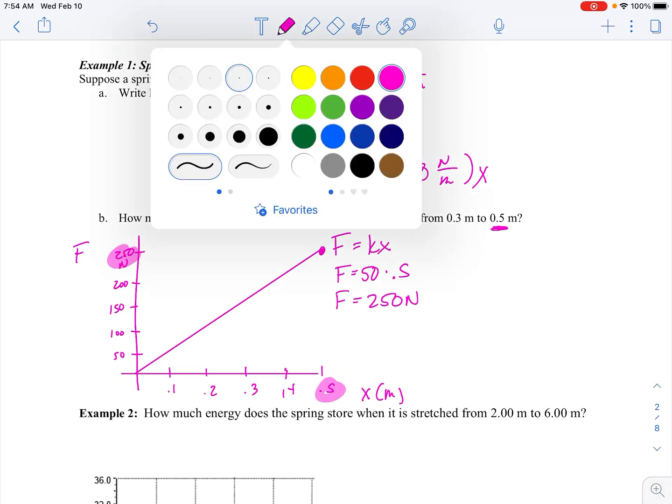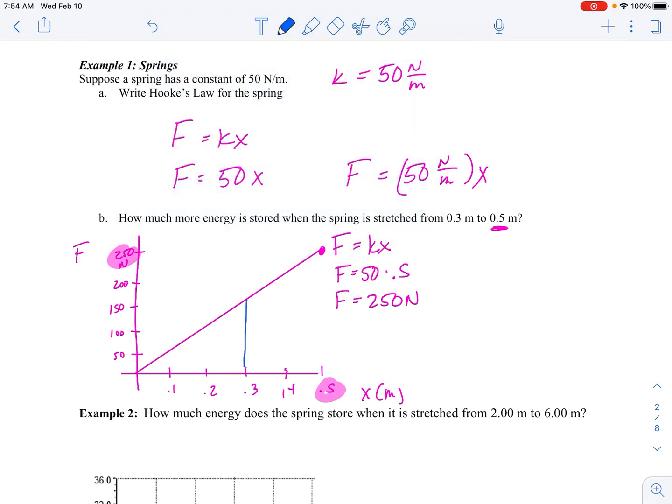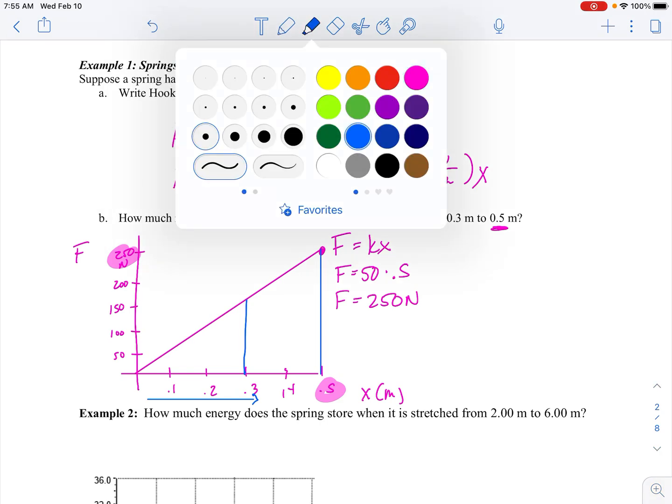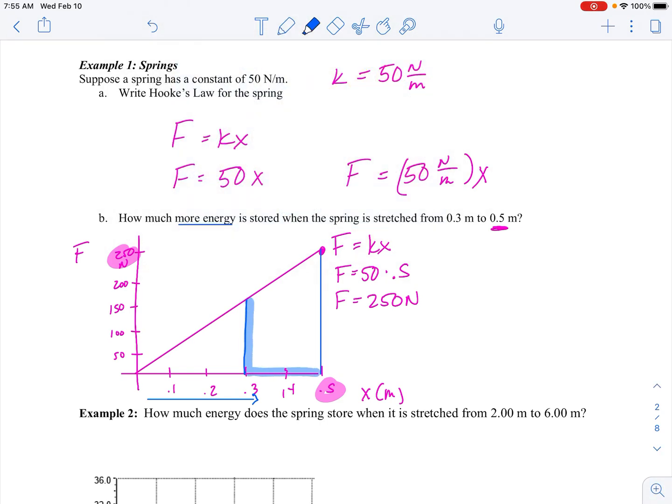Okay, to figure out how much energy is stored between 0.3 and 0.5 meters, I'm going to find that area. Now this is a little trickier than the last example I did, because how much more energy is stored? It took some energy to stretch the spring from 0 to 0.3. To find the answer to this question, I'm going to have to find the area of this shape.